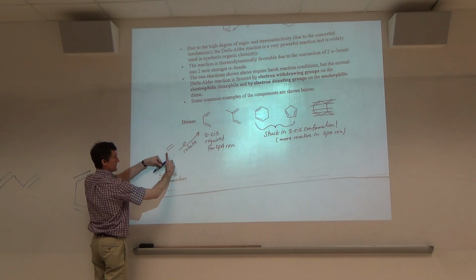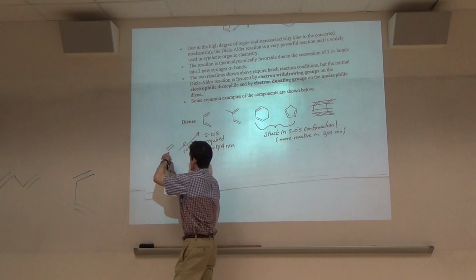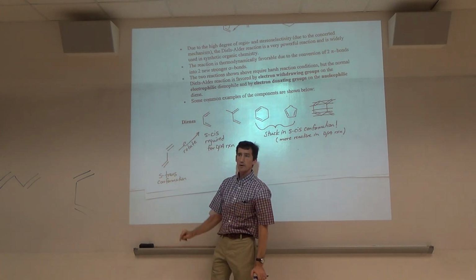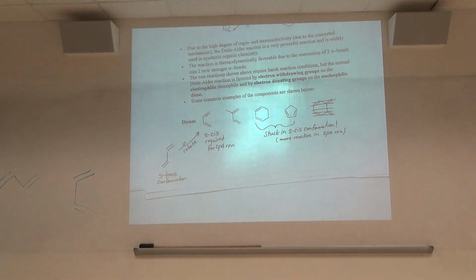Pretend that bond is there in the alkene. This bond here just has to rotate. And the alkene comes over here. That bond has to rotate. Can that bond rotate? Looks like a sigma bond. Can sigma bonds rotate?